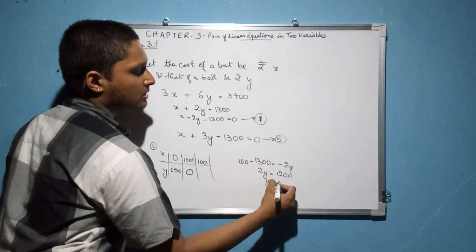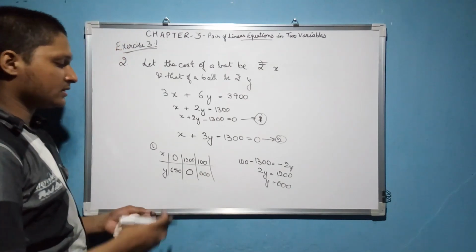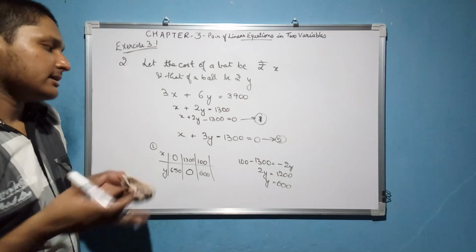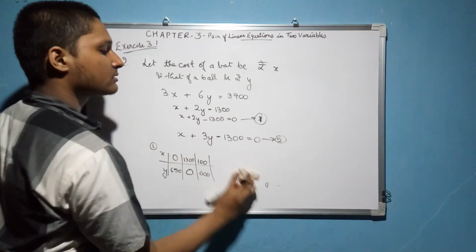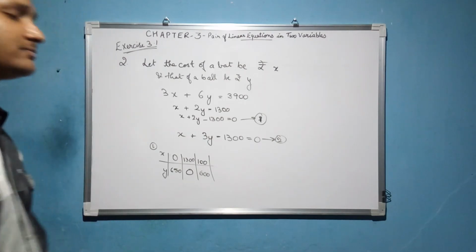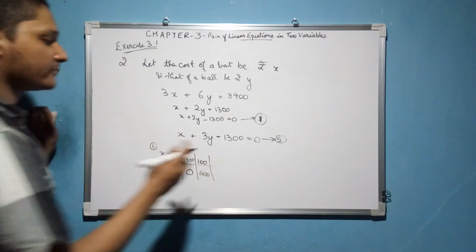Y is equal to 600. 600 comes up here. So you are going to get 3 points. It's easy to draw the graph. If you find any error while checking, you need to check these points once more.